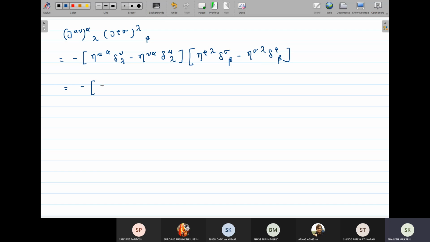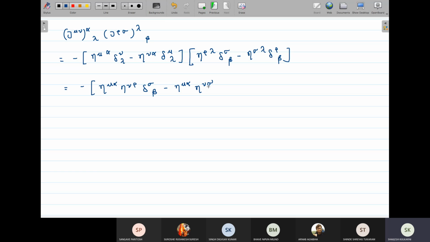So it will be eta, so alpha will be, let us see, so this lambda delta, so this you can write as eta mu alpha, eta delta nu lambda, eta rho lambda will be eta nu rho, and delta sigma beta, minus eta mu alpha, delta nu lambda, eta sigma lambda, so it will be eta nu sigma.